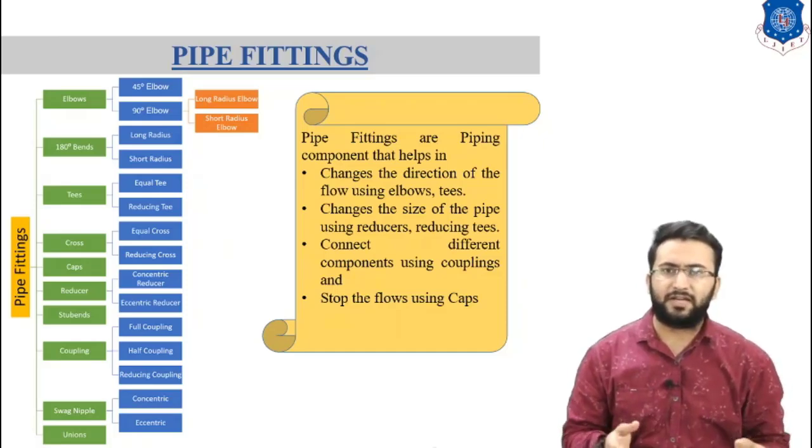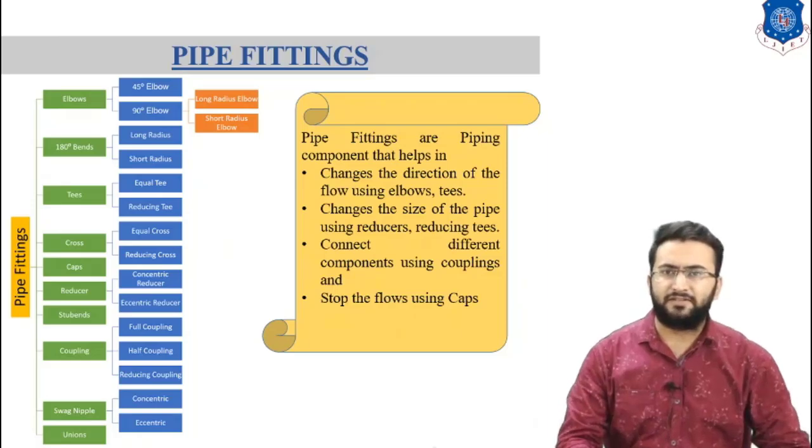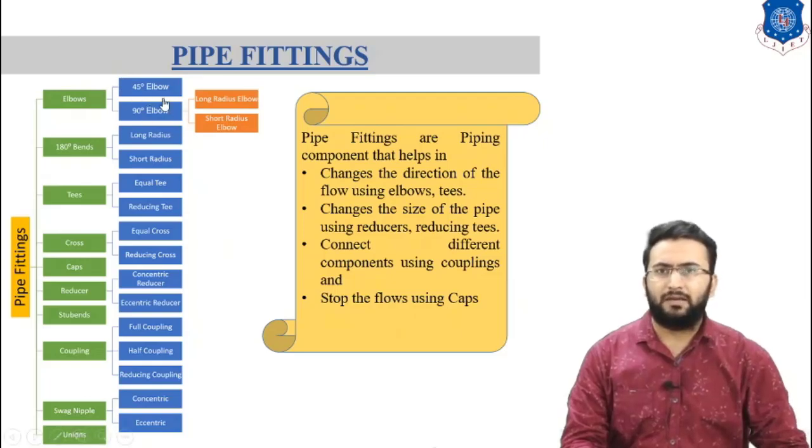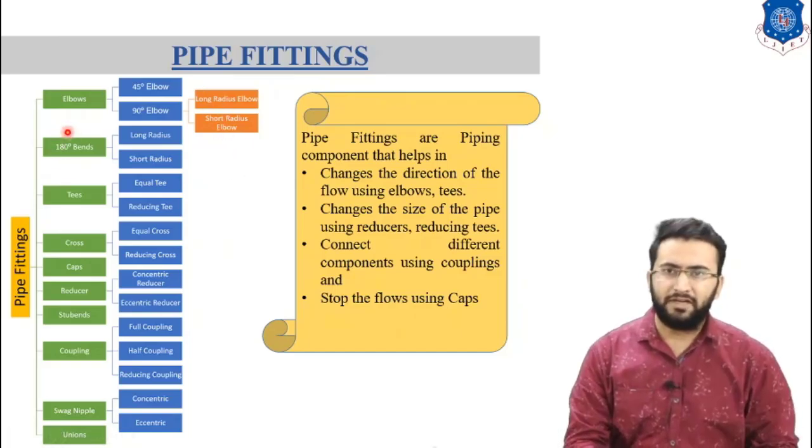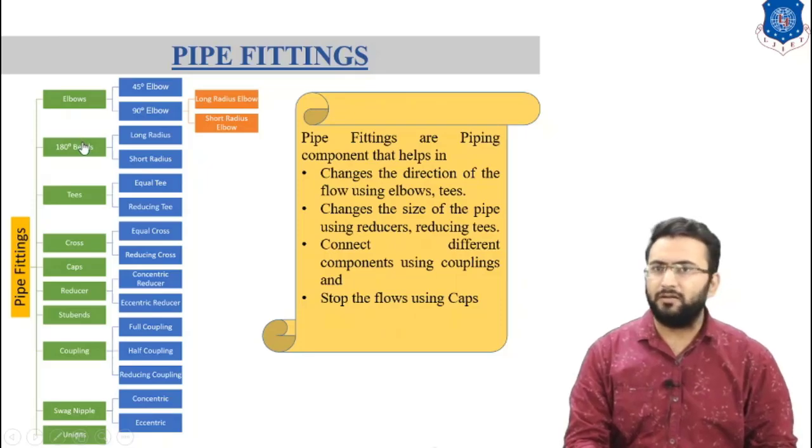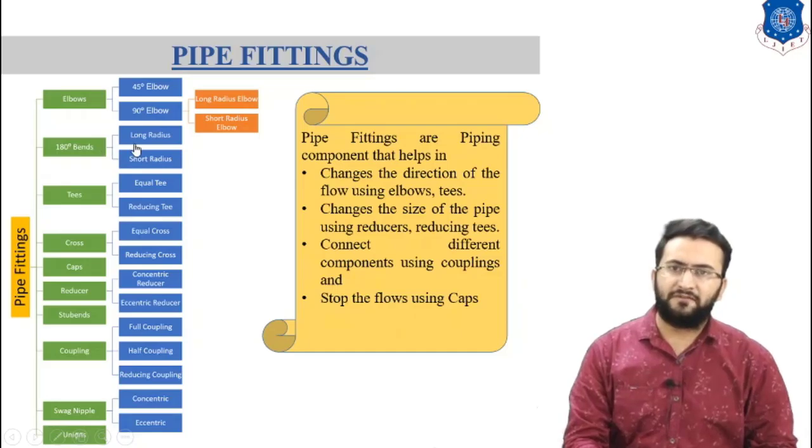So there are various types of pipe fitting such as an elbow. Elbow is further classified as a 45-degree elbow and 90-degree elbow. 90-degree elbow is further classified as a long radius elbow and short radius elbow. 180-degree bend, which is also known as a 180-degree elbow or return or U bend, is further classified as long radius or short radius.